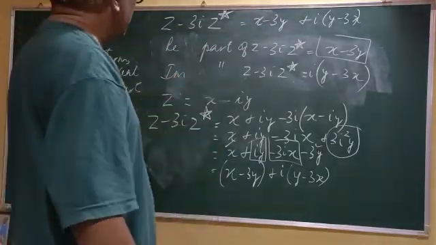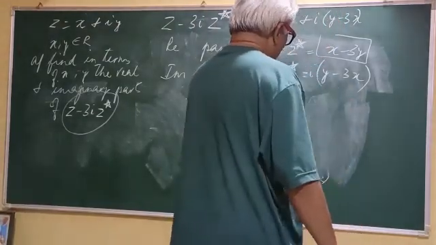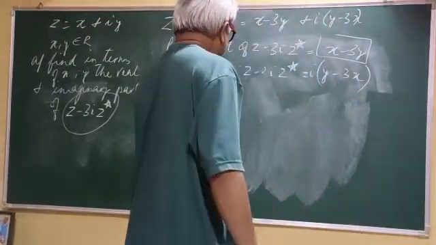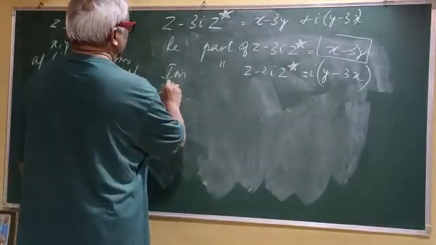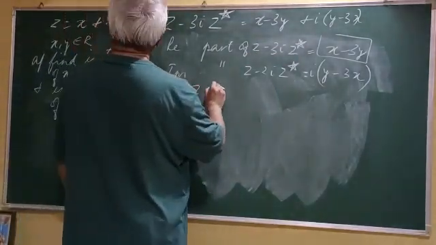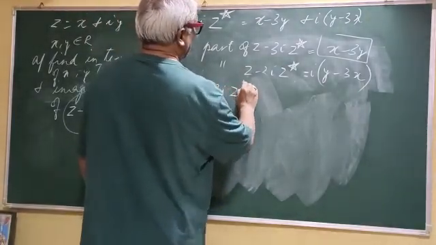A bit of notation here, which is useful in writing. Suppose I say Z1 is z minus 3i z star.